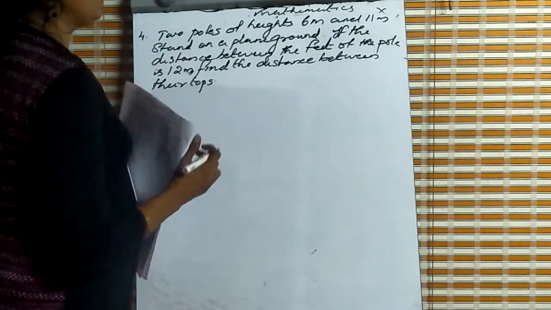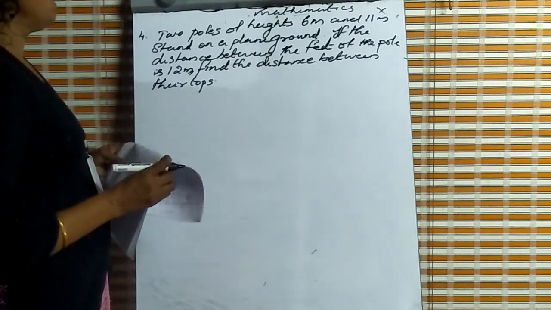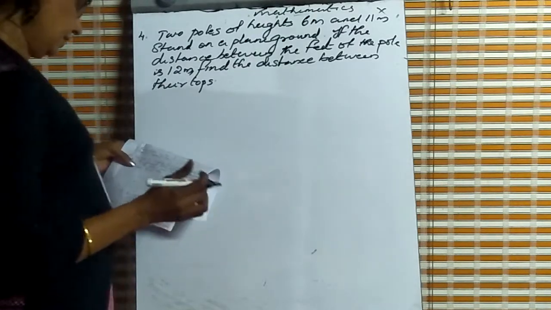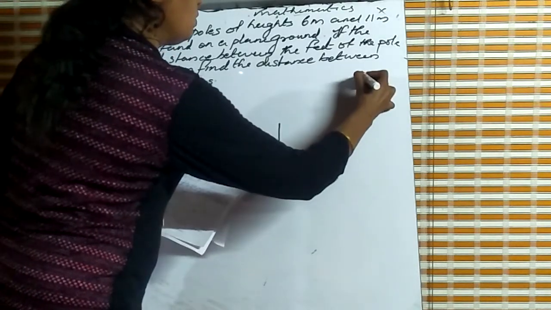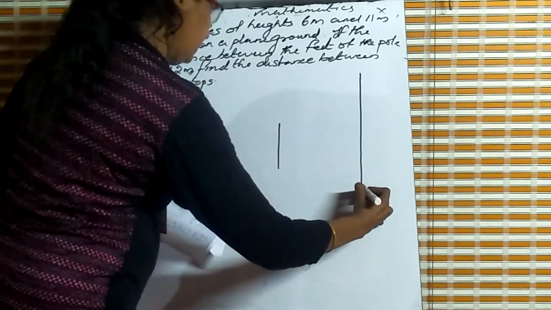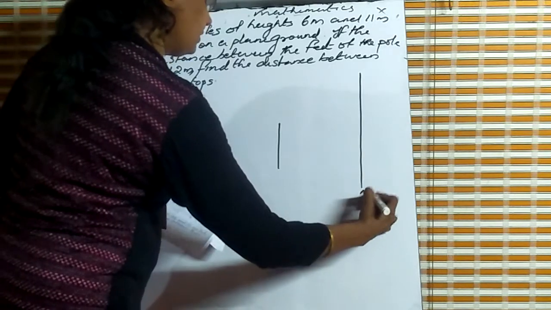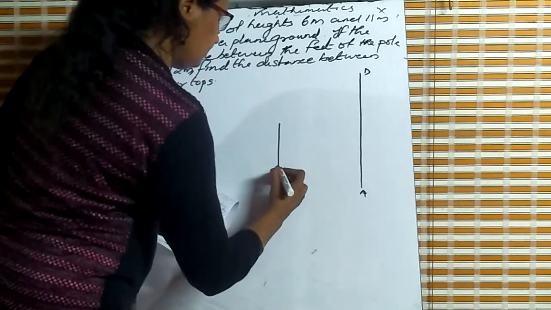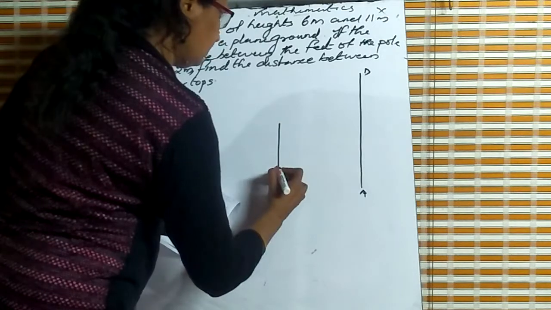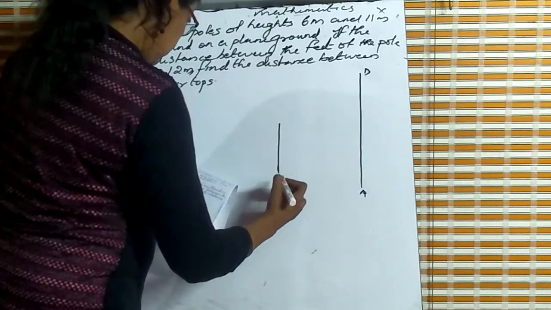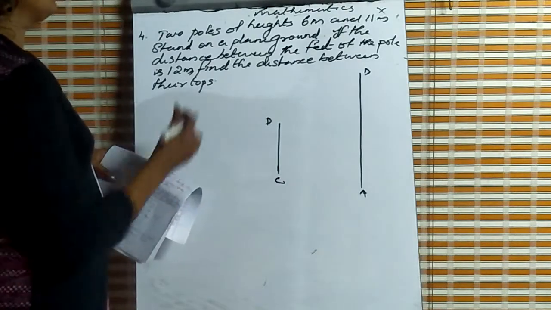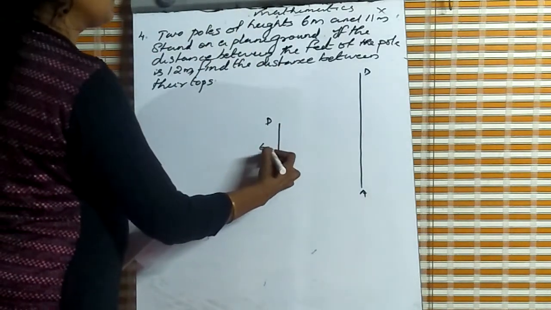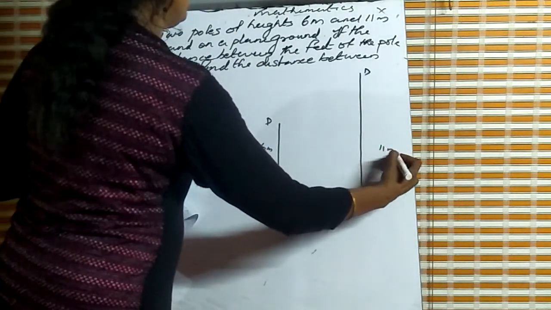Two poles of height 6 meter and 11 meter stand on a plain ground. This is one pole and this is another pole. AB and CD are two poles of height 6 meter and 11 meter.